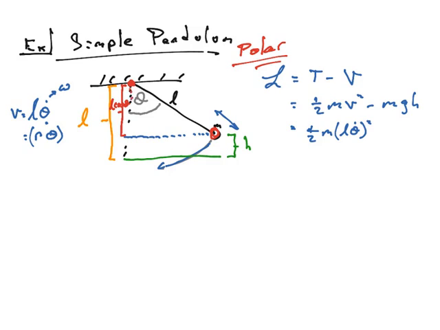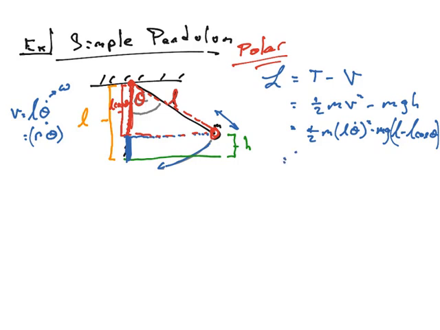If we look at my little triangle, if this is L and this is theta, then this side right here is L cosine theta. So my h is going to be this distance, which is the full L minus the L cosine theta. L minus L cosine theta.